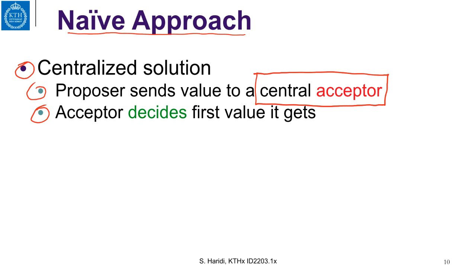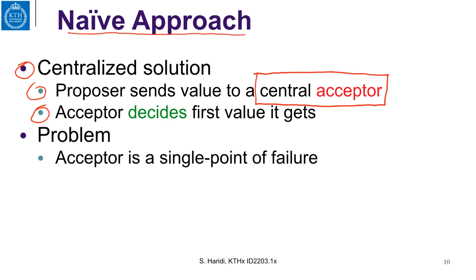This should work, except we are in a course on fault tolerance, and the acceptor is a single point of failure. Once the acceptor crashes, we don't know what's going to happen. So this does not work.